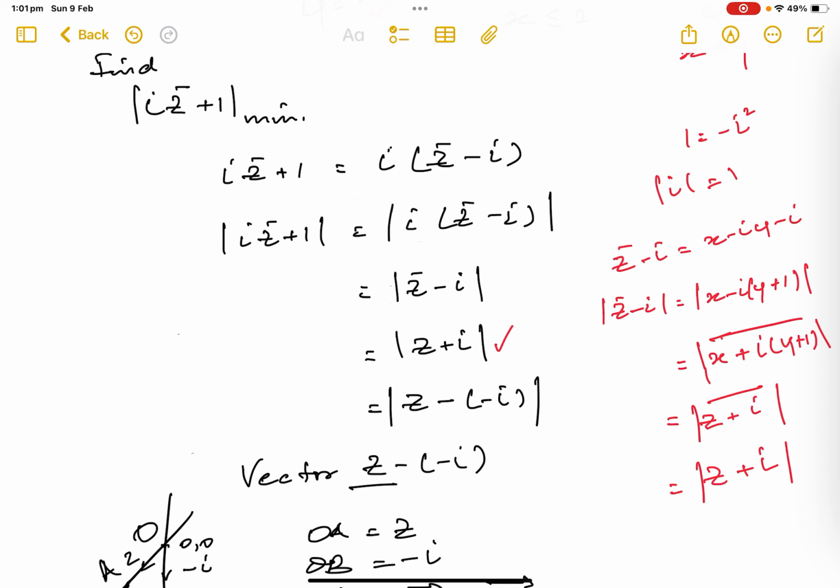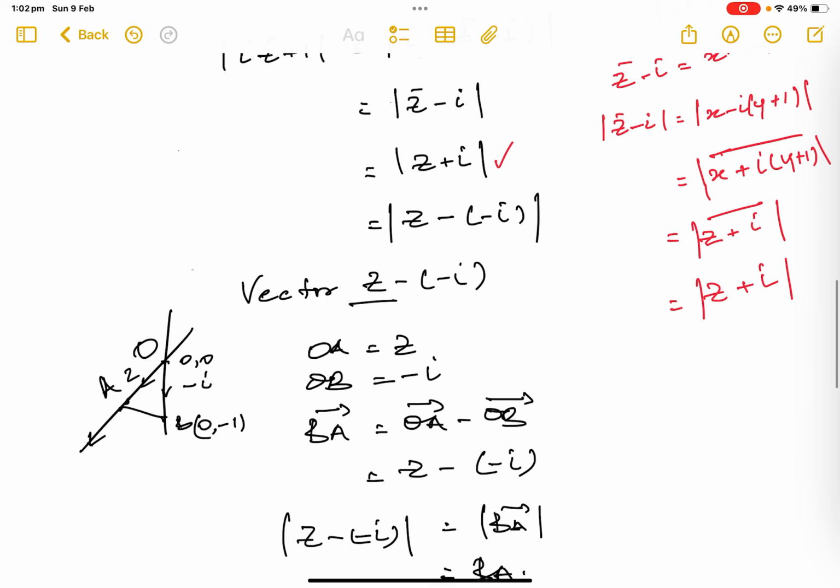So it's just an explanation of how I found this, modulus of z bar minus i, just a modulus, and modulus of z plus i. Then we could rewrite it to find another vector, z minus minus i. We can represent the complex number as a vector.